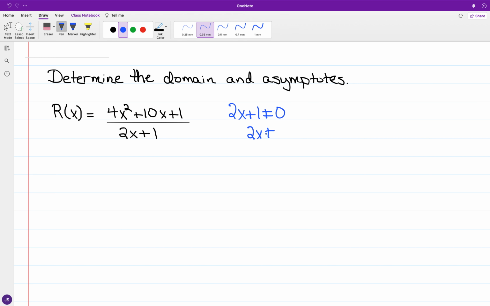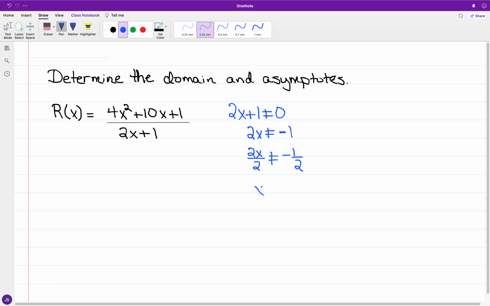And looking at finding out what the exclusion is going to be, if 2x plus 1 cannot be 0, then 2x cannot be equal to negative 1. And for the exclusion from the domain, we're going to end up with the restricted value at negative 1/2. So we have that x cannot be negative 1/2.